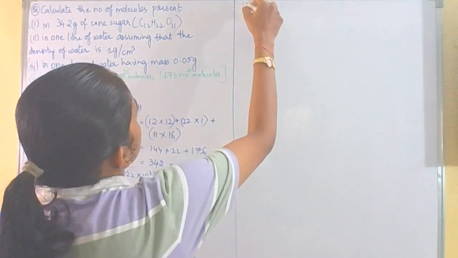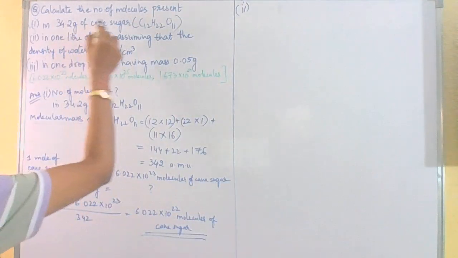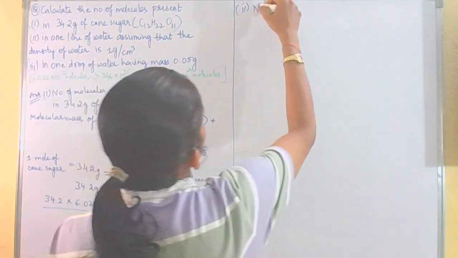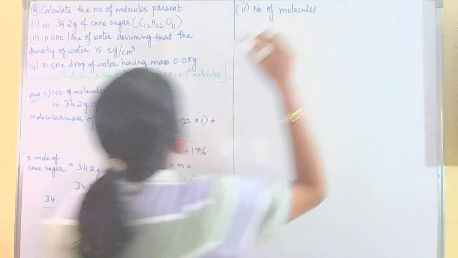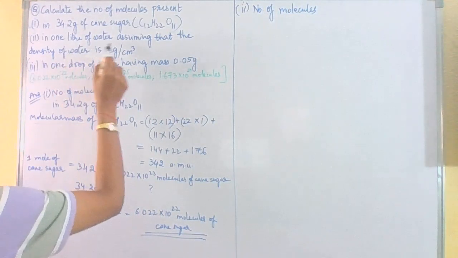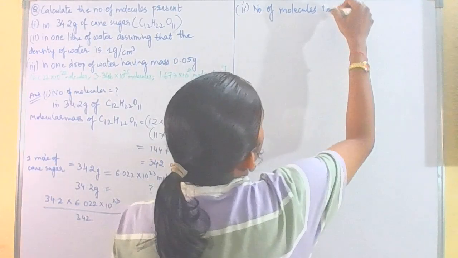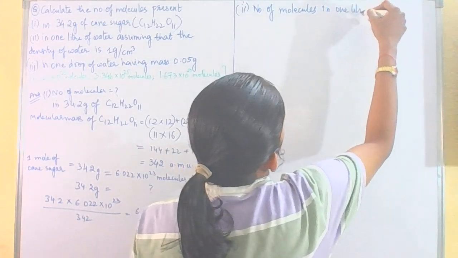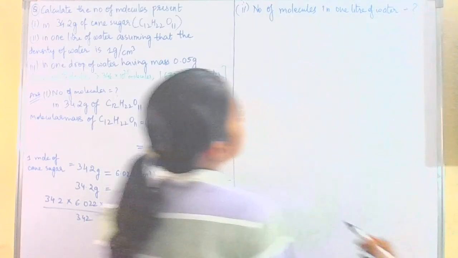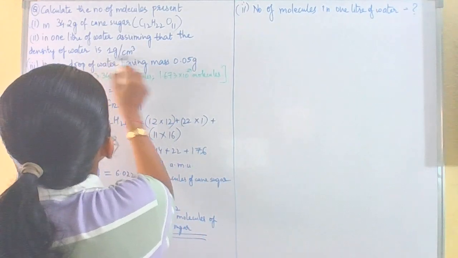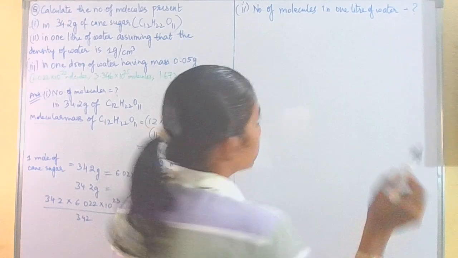Now we'll see the second one. Calculate the number of molecules present in 1 liter of water, whose density is given here, 1 gram per centimeter cube.